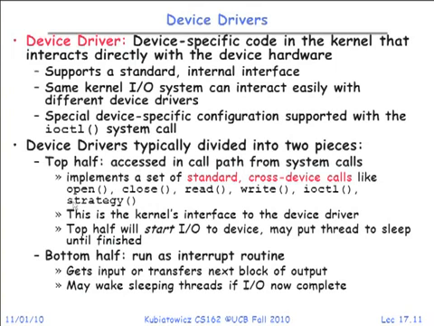The top half starts the I/O operations and then typically puts a process to sleep until the results are done. So the top half is the part that knows about processes.